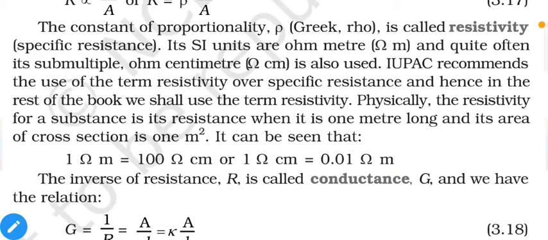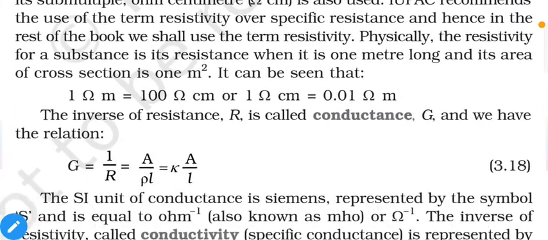That means length and area are both unity. At that time we call it the resistivity of the given substance. So 1 ohm meter is equal to 100 ohm centimeter, or 1 ohm centimeter is equal to 0.01 ohm meter. This is a direct relation between the meter and centimeter units.